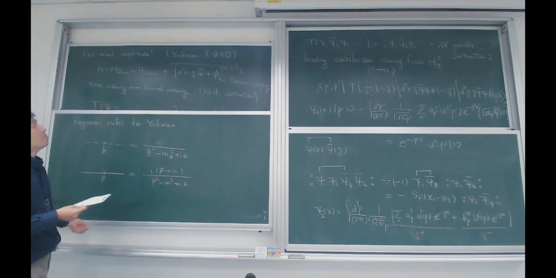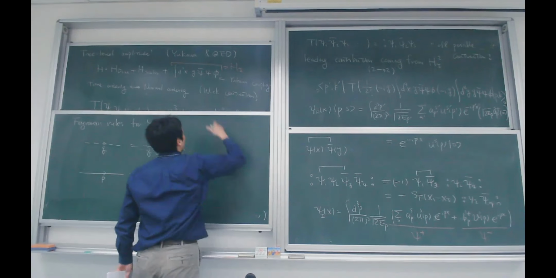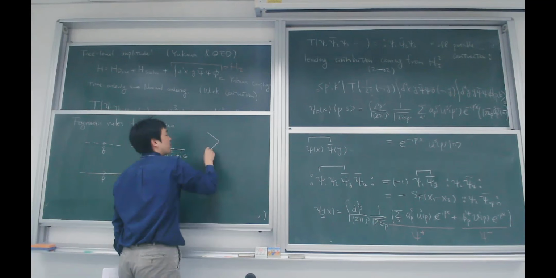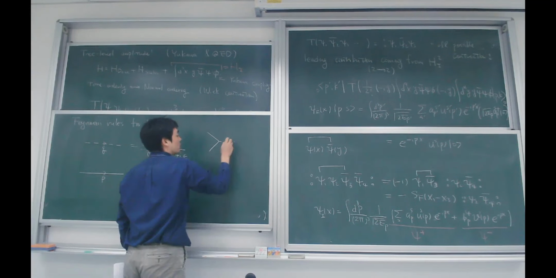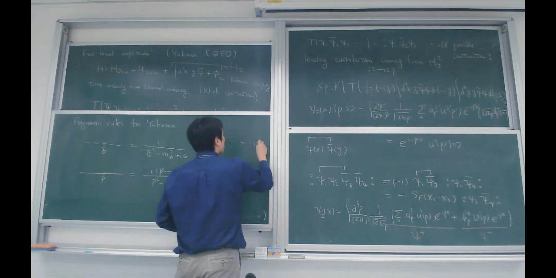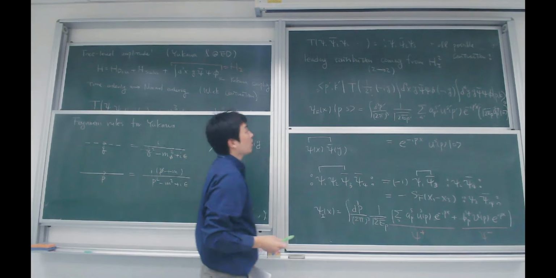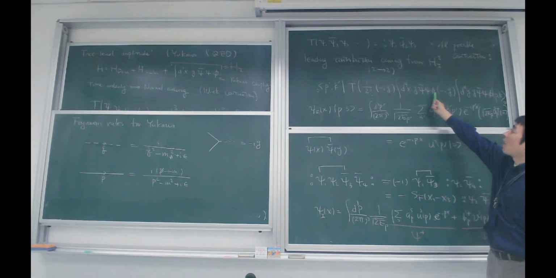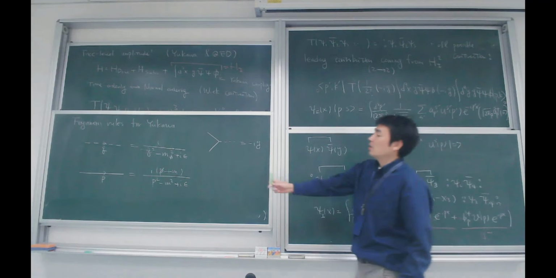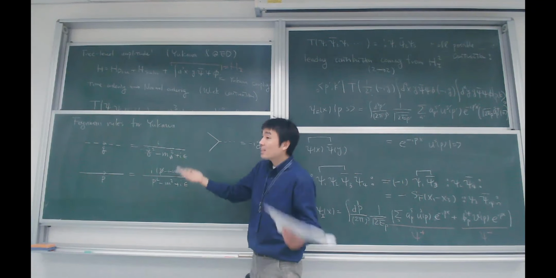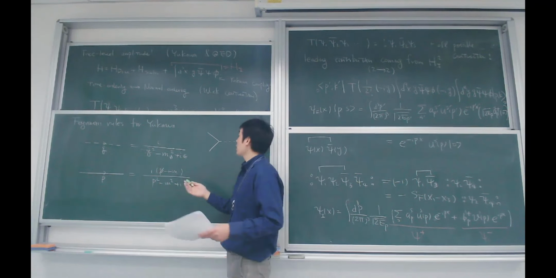Because of this interaction, we have psi bar psi phi, which means you have this kind of interaction vertex. So this is equal to minus i g. As you can easily see, the minus i g comes here, and psi, psi bar and phi will give you psi and psi bar, or psi bar psi, depending on whether you consider a nucleon or an anti-nucleon, which I'm going to explain.